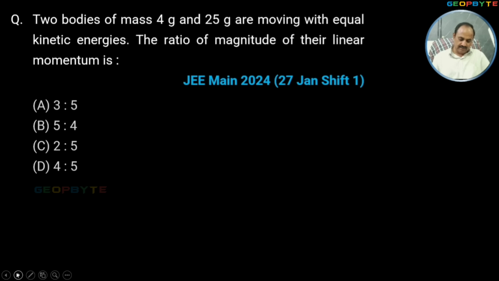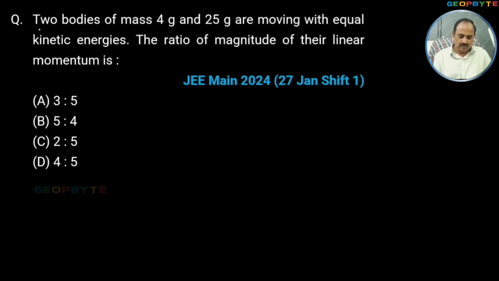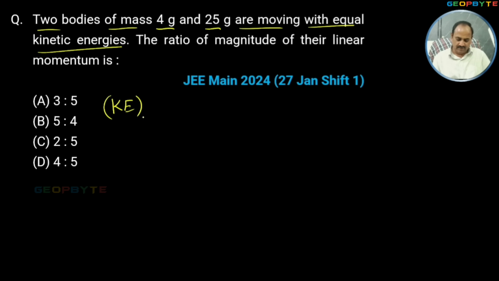Try to read it clearly. Asking like this: two bodies of masses 4 grams and 25 grams are moving with equal kinetic energies. That means kinetic energy of body 1 is equal to kinetic energy of body 2. Mass of body 1 is given as 4 grams.